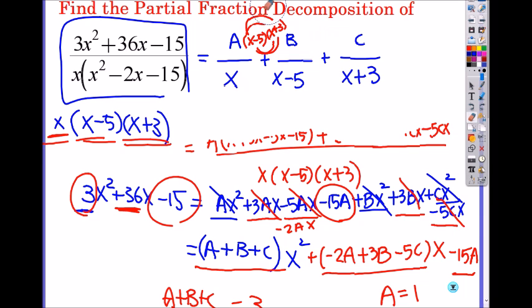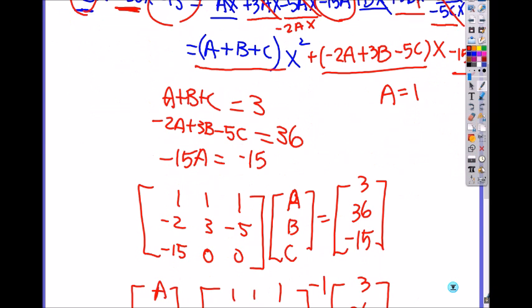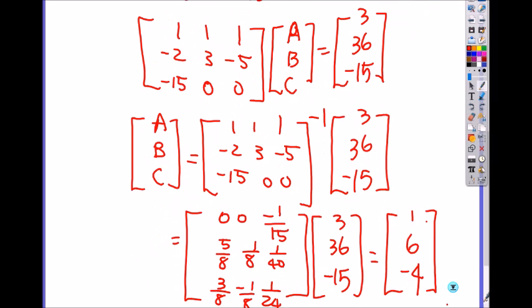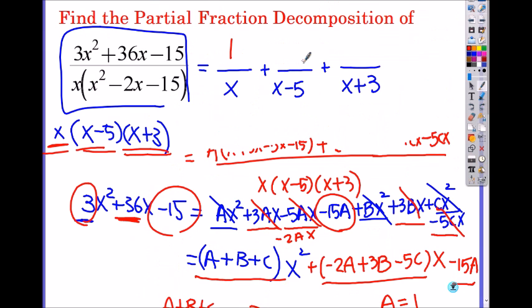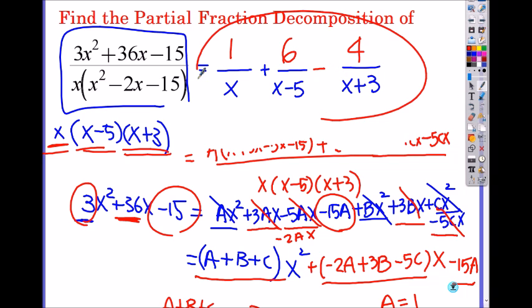High tech. Hope you guys can do this on your notebook. So what was A? 1. What was B? 6 and negative 4. So 6 and negative 4, meaning I have to change this to minus. So that is your final answer.